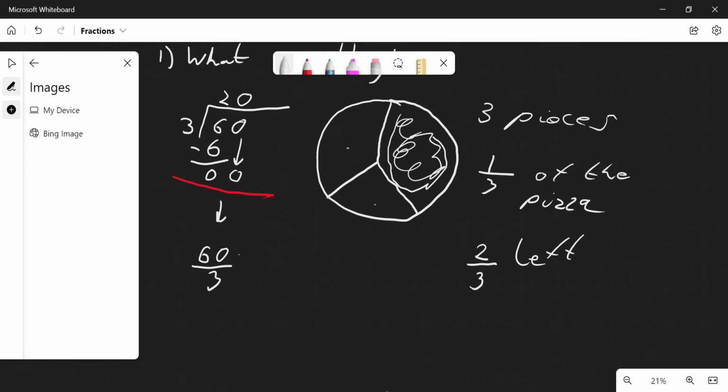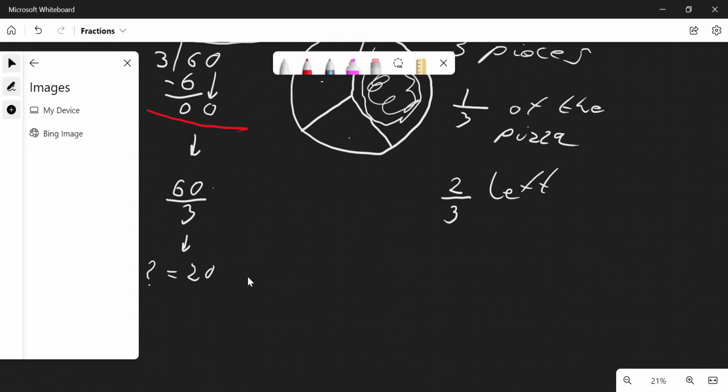And the language of fractions is telling you my numerator is being divided by my denominator how many times? All right, and our answer is naturally 20 times. So what does that mean? It means if I gave you 20 times 3, then your answer would naturally be 60. And this should show you the relationship between division and multiplication.